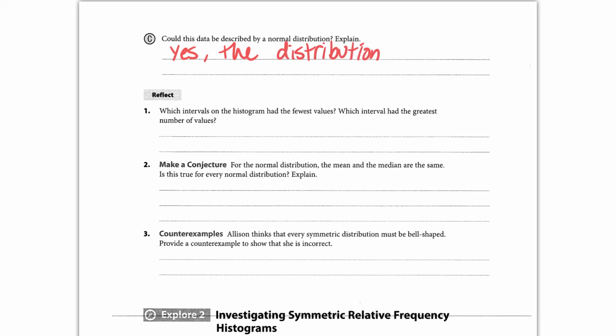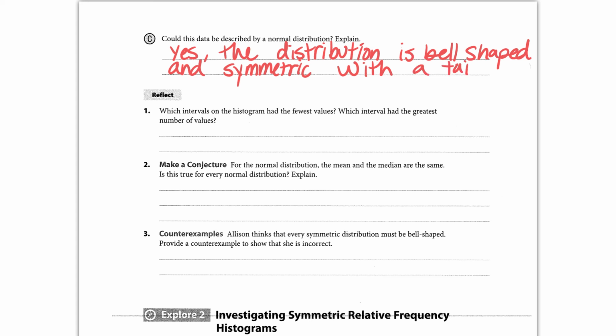Because it has that bell shape to it. And it is symmetric. With those long tails on each end. Which intervals on the histogram had the fewest values and which interval had the greatest number of values?